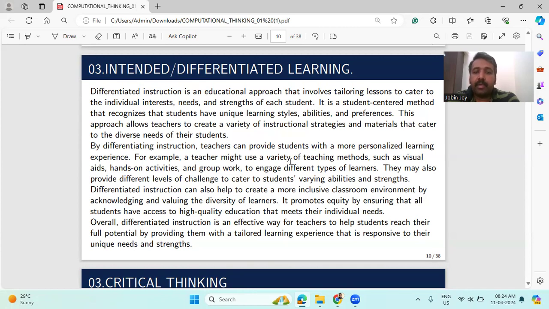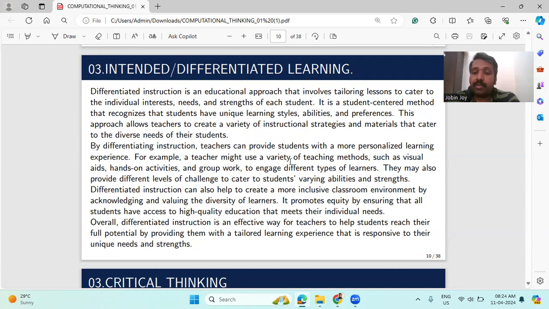For example, a teacher might use a variety of teaching methods such as visual aids, hands-on activities, and group work to engage different types of learners. They may also provide different levels of challenge to cater to students' varying abilities and strength. Differentiated instruction can also help to create a more inclusive classroom environment by acknowledging and valuing the diversity of learners.